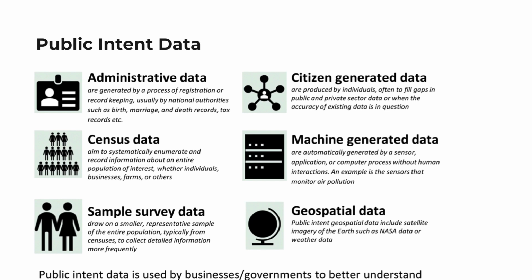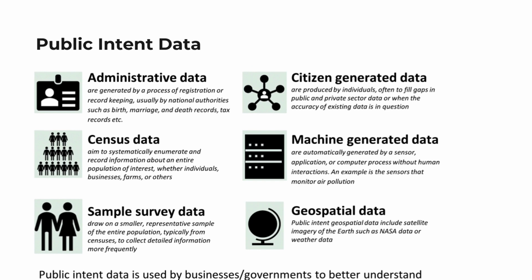Another type of intent data is census data. This is usually collected by the National Statistical Bureau, and it is systematically enumerated information about an entire population in a country or locality, all right?